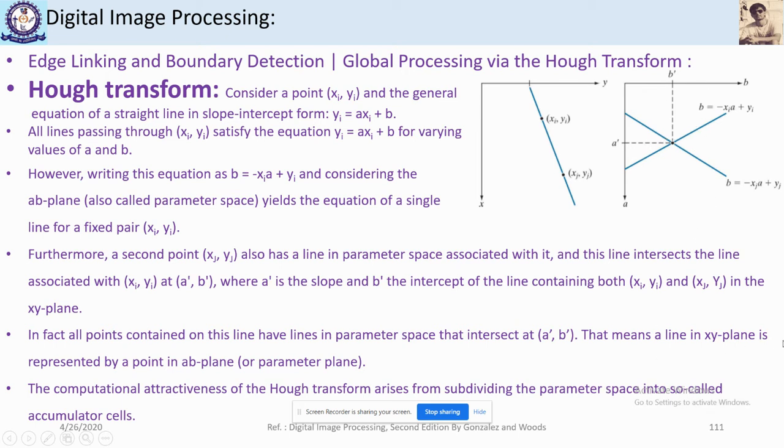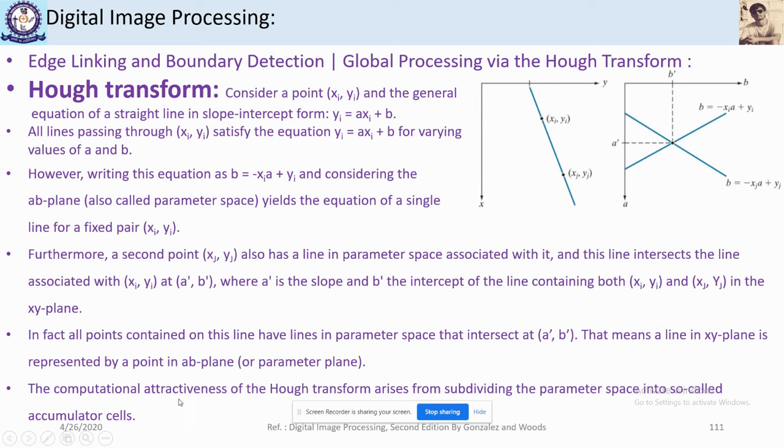That means a line in the xy plane is represented by a point in the ab plane, that is our parameter plane. Hope this is clear. A point gives us a line, and a line gives us a point. This line corresponds to this point, and vice versa.